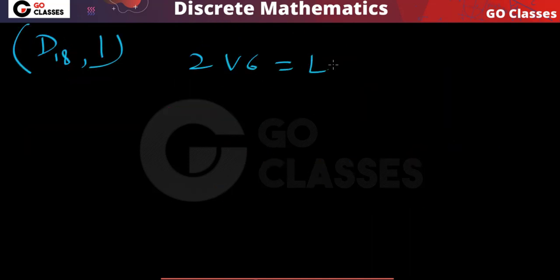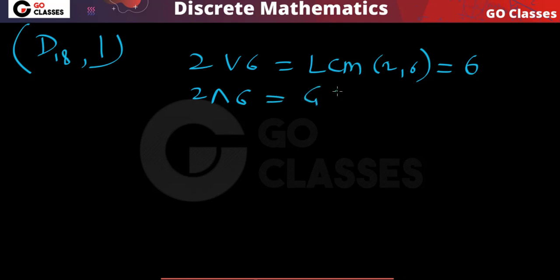Similarly, in this D18 divisibility, if I ask you, for example, what is 2 or 6, that will be the LCM of 2, 6, and the LCM of 2, 6 is 6. And what is 2 and 6? It means GLB. GLB is the GCD. GCD means greatest common factor.